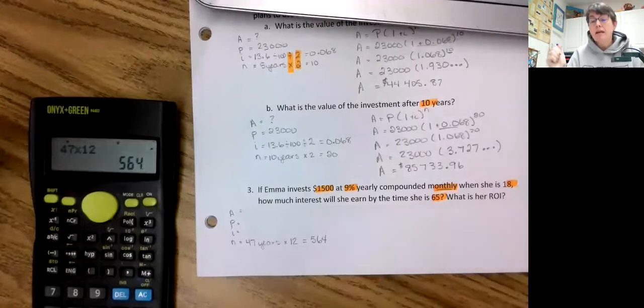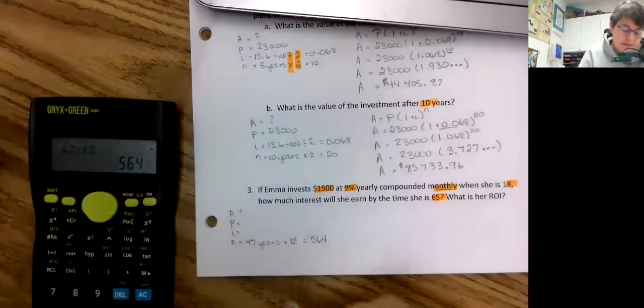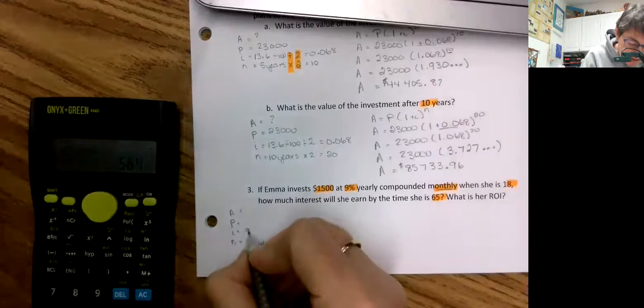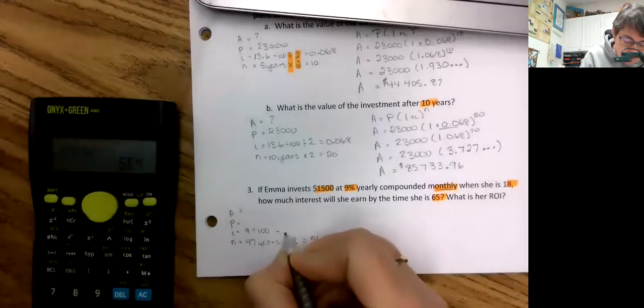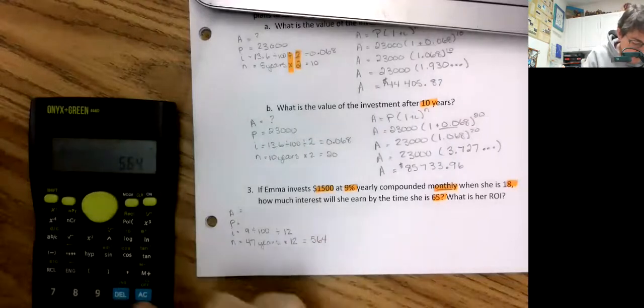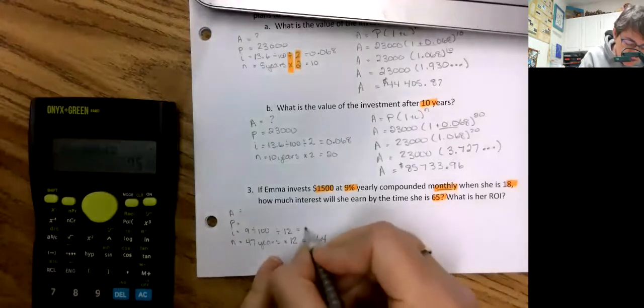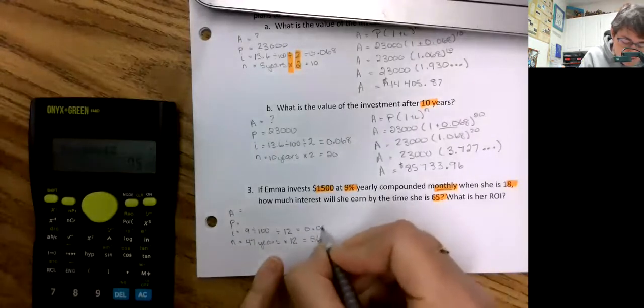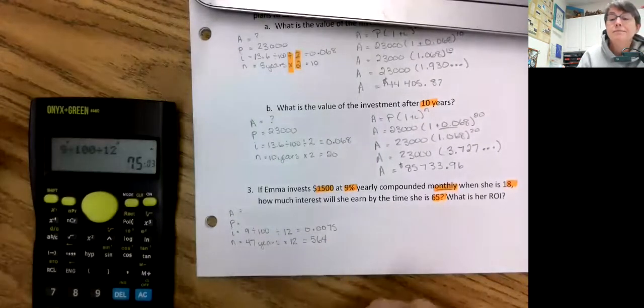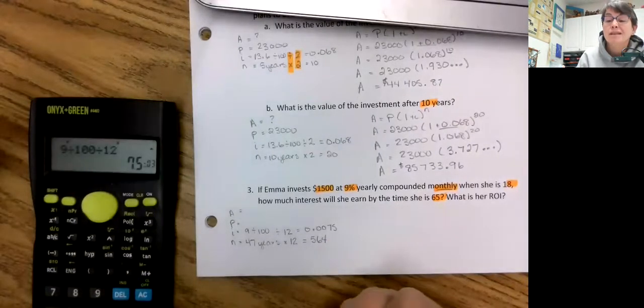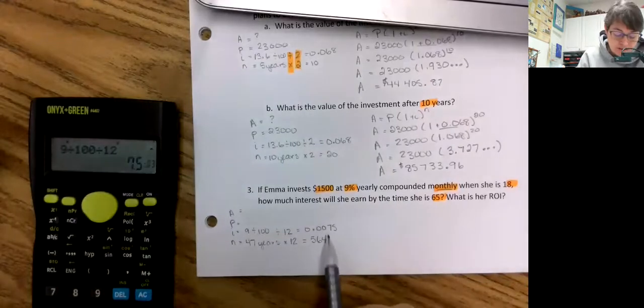So yeah, that's going to be compounded a whole bunch of times. So I is 9% divided by 100, divided by 12, equals 0.0075. Right. Again, I think I'll try and fix my calculator, but that's what you should get on yours.